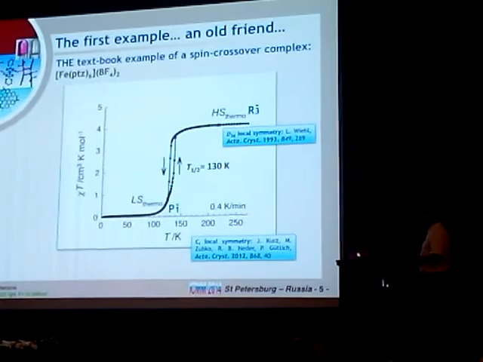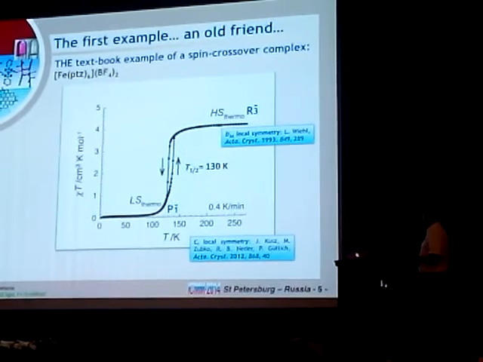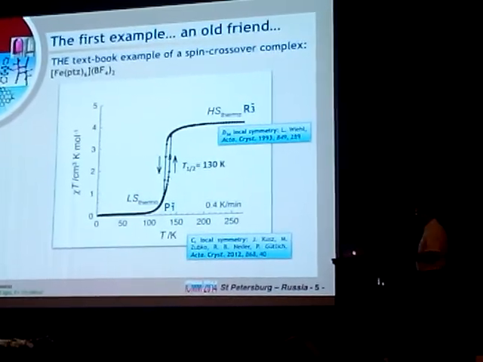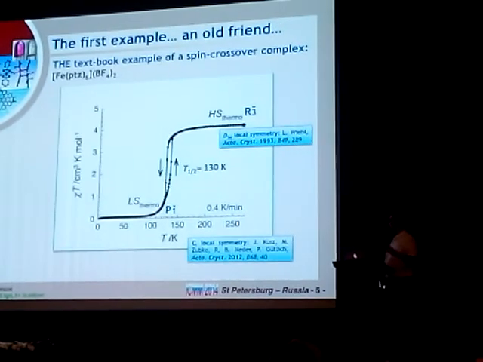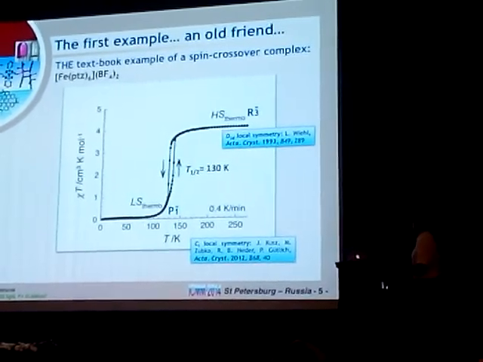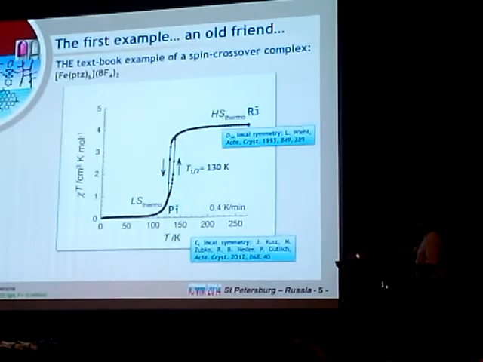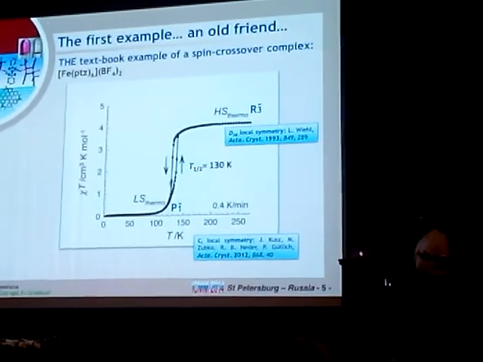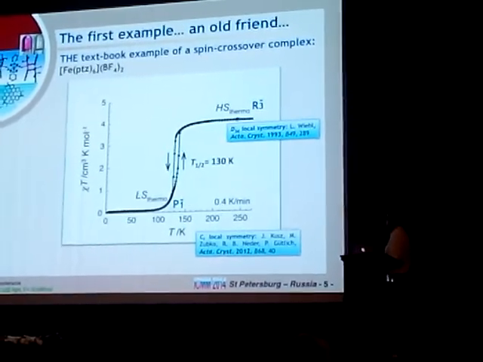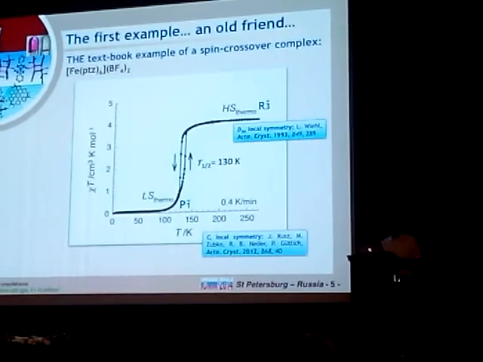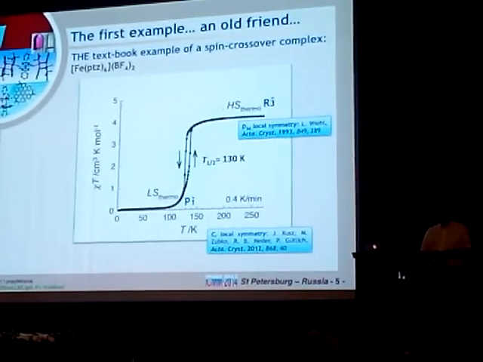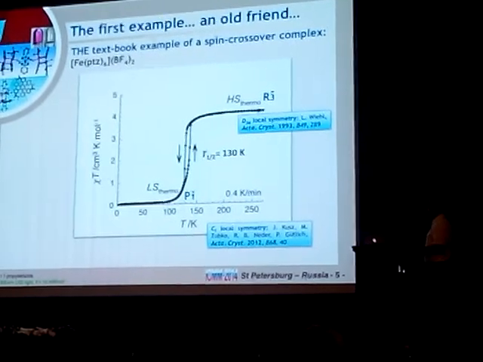But if we put the crystallographic information on this data, you realize that the paramagnetic phase is indeed in this high symmetry space group, but as soon as you go to the diamagnetic state, you come back to a triclinic space group and you reduce the symmetry.